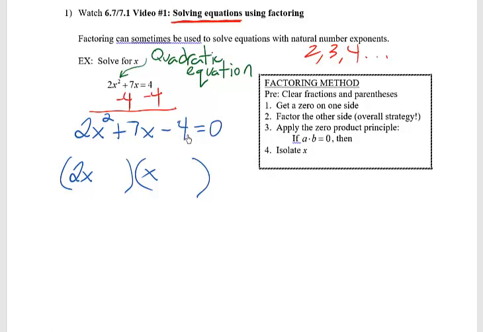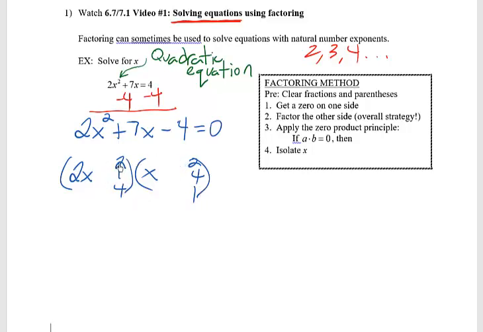The 4 is a little bit more annoying, right? Because it could be made from a 2 times 2, or it could be made from a 1 times 4. I can jot down some of those possibilities. 2 times 2, 1 times 4. I suppose it could be 4 times 1. That's really all I've got, though. And to be honest, most of these go out as possibilities immediately.